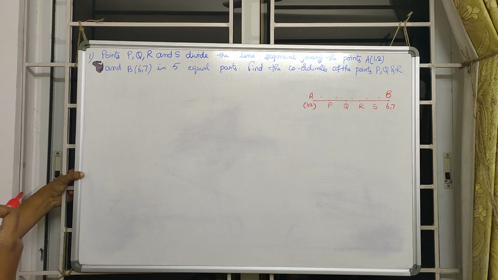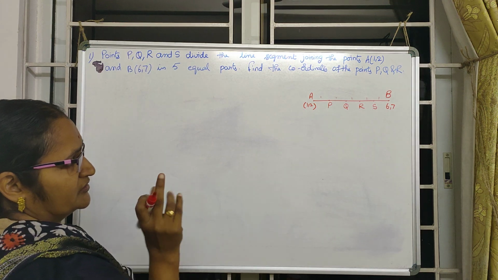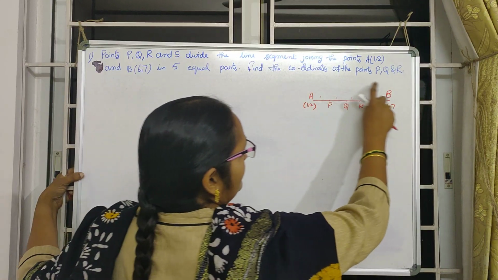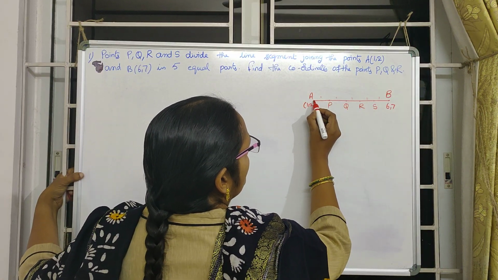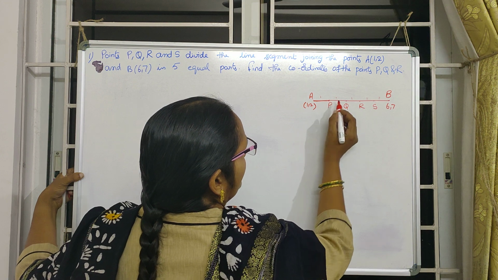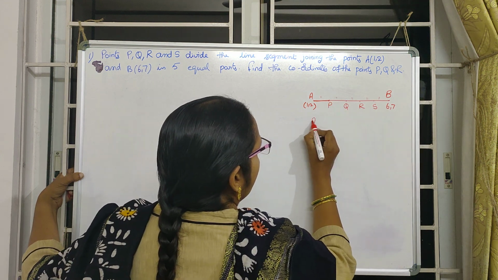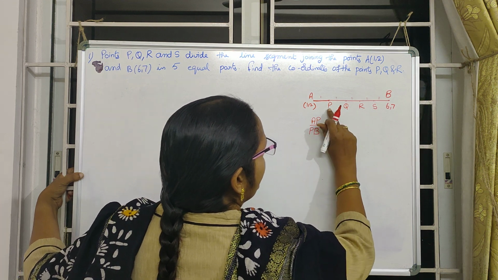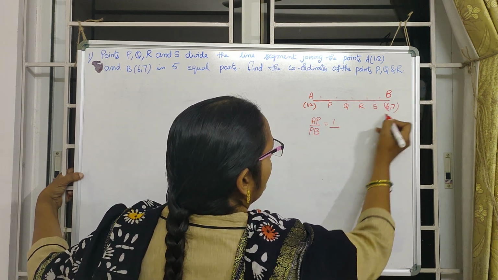Find the coordinates of P, they are asking. I have to find out the coordinates of point P. Here P divides the line segment in the ratio AP by PB. AP is 1 unit. PB is how many units?